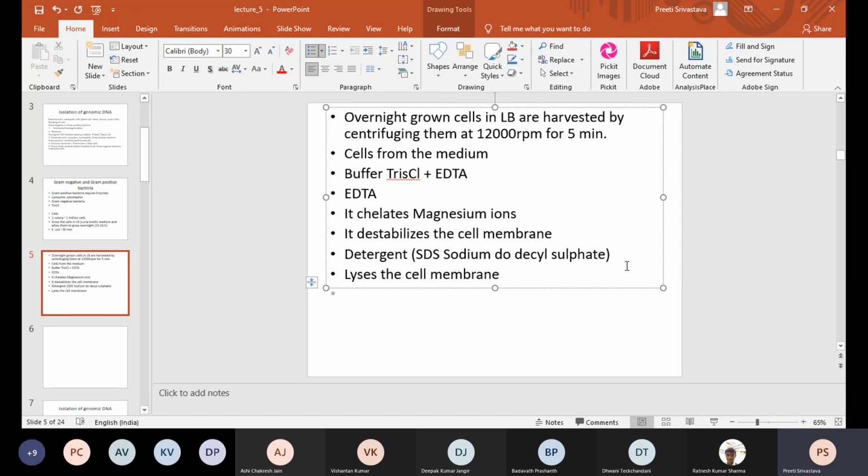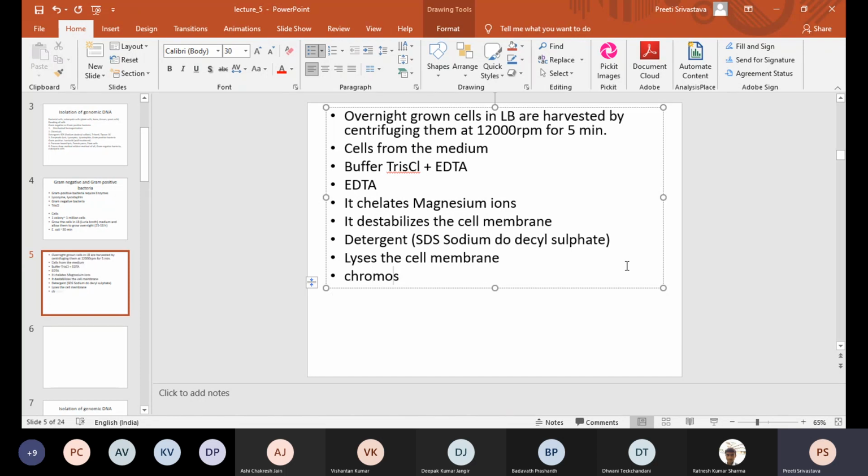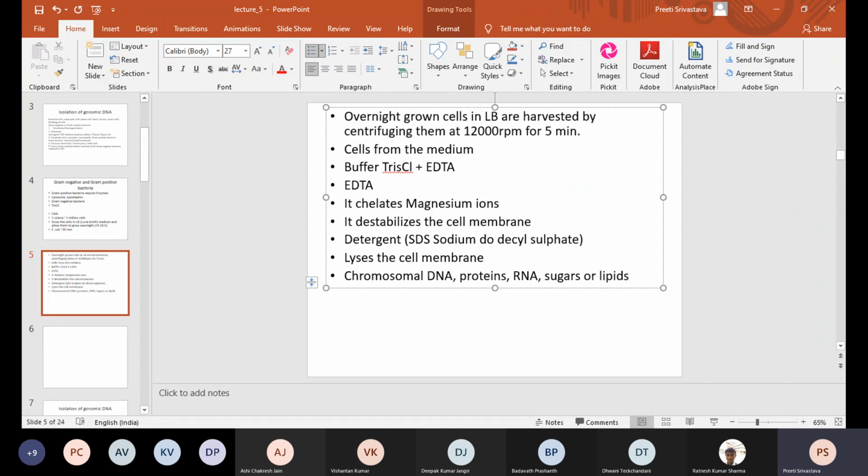Right? So when we lyse the cell membrane, what are the components in the cell? You will have chromosomal DNA. What else is there, class? Proteins, RNA, various sugars or fats, lipids, remnants of those, right?